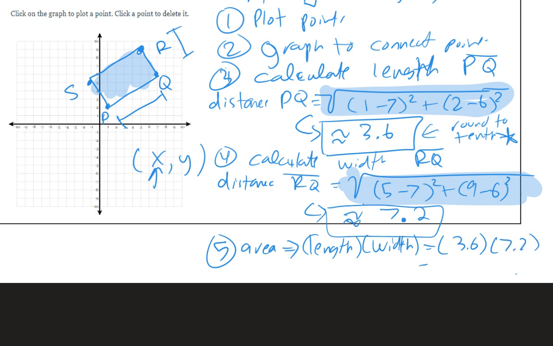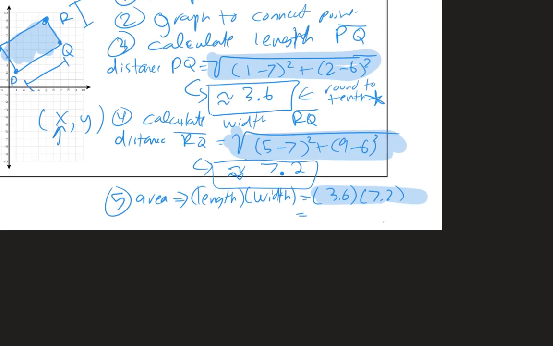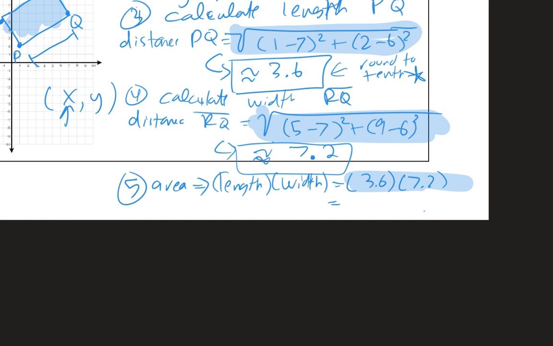If we put that into our calculator, that's going to give us the answer of 25.9. Now here's the thing. On this problem, we need to round to the nearest whole number. So the nearest whole number is going to be 26.